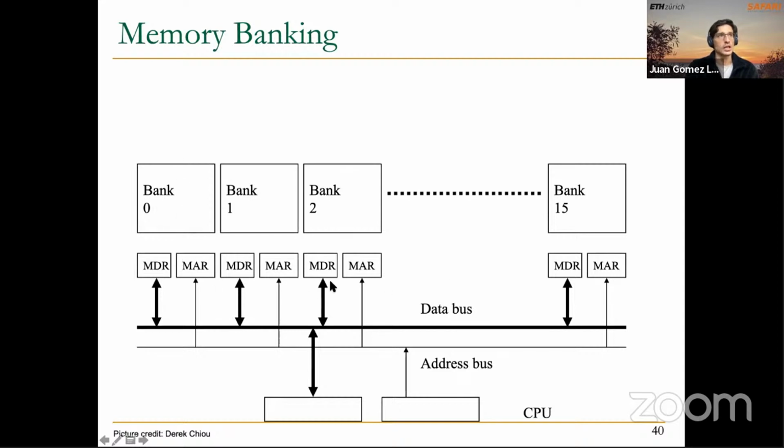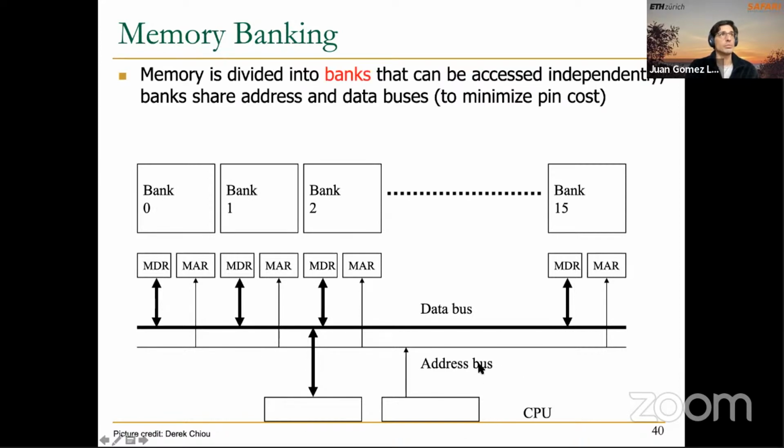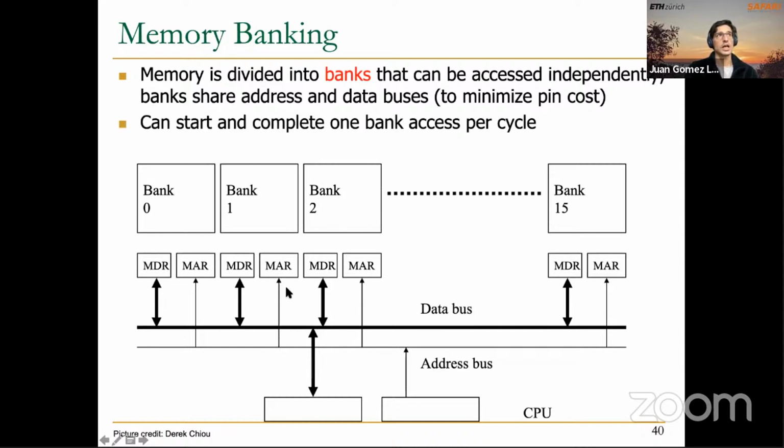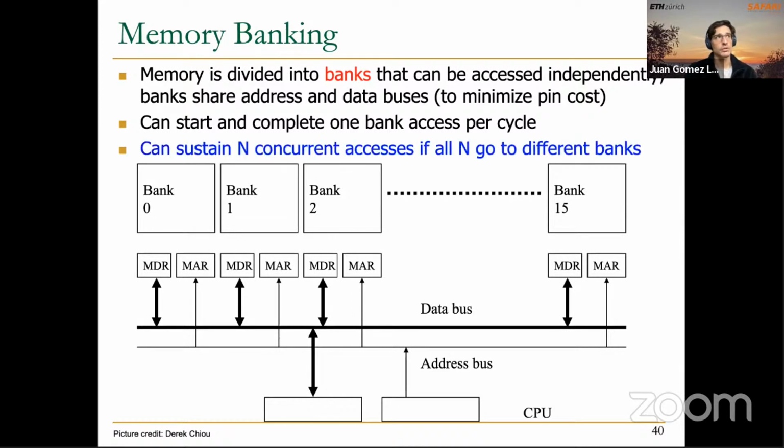And as you see, these are connected to the data bus and the address bus, and from there to the CPU. So the memory is divided into banks that can be accessed independently, and they can be accessed independently because each of them has its own data register and address register. And as you are going to see, we can start and complete 1 bank access per cycle. So in the end, we can sustain as many concurrent accesses as we have banks, right?